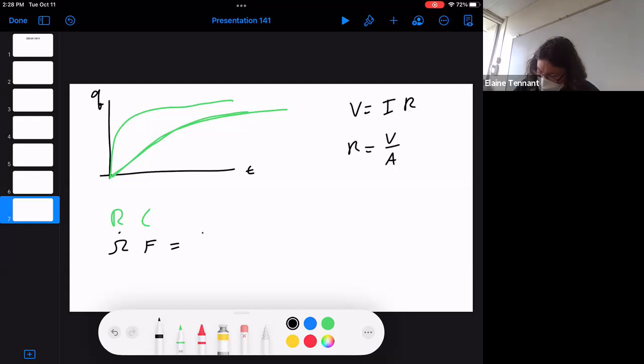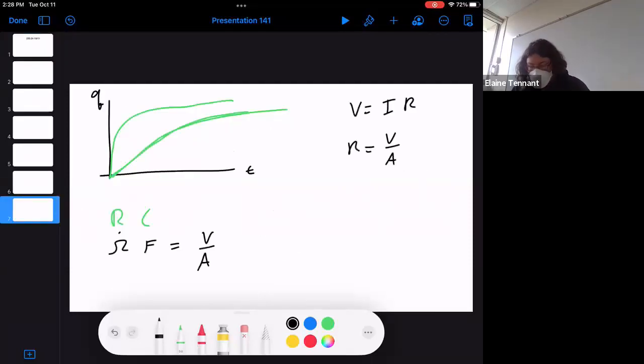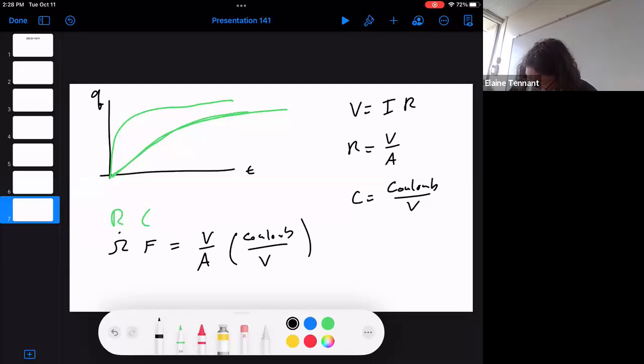So we have a volt per an amp. My capacitor is charge over volts. So that has to be a coulomb per volt. Okay, nicely enough, my volts are canceling out.